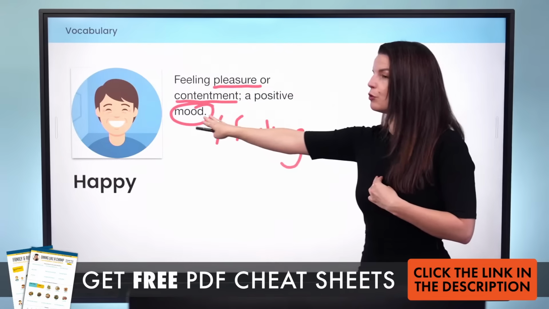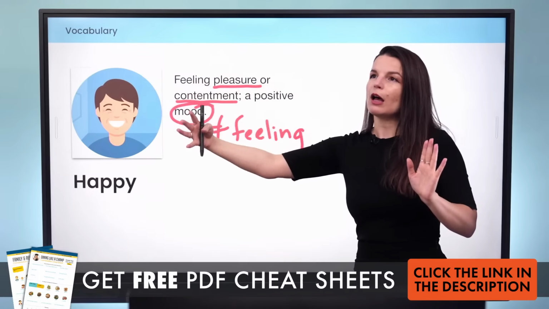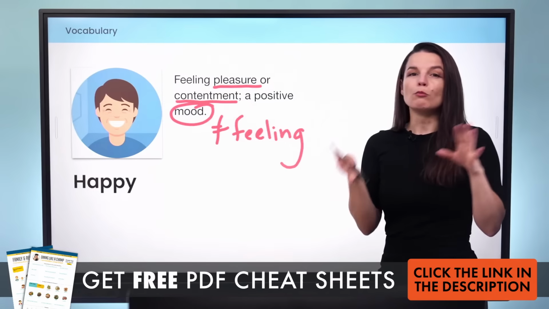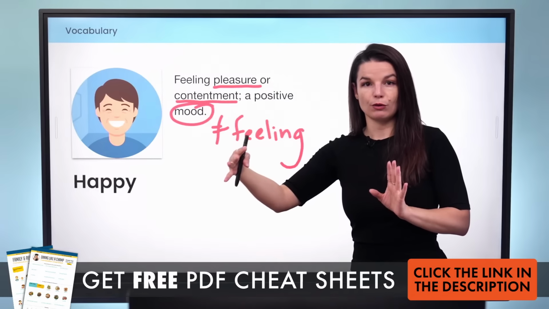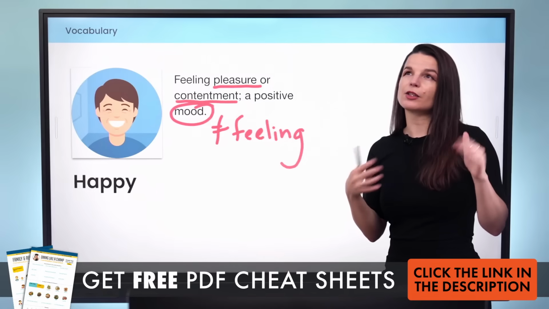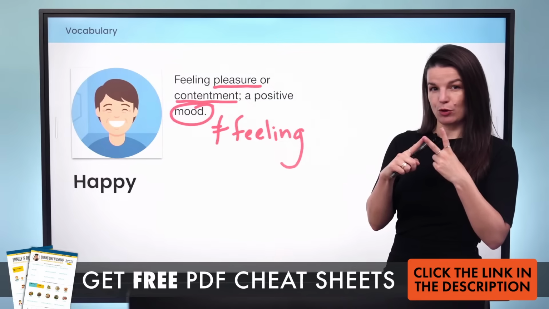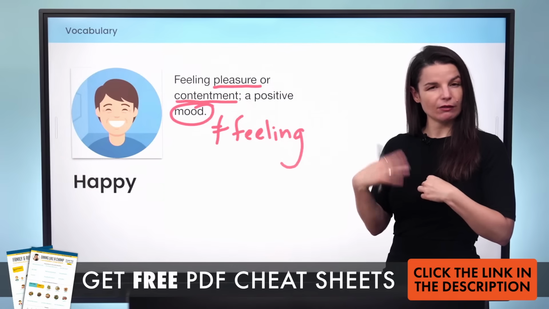But a mood is kind of like the general feeling during a time of day. So for example, like your mood in the morning, or your mood in the afternoon, or your mood in the evening. We sometimes describe it as like in a good mood or in a bad mood, where it's not just a one moment kind of idea.